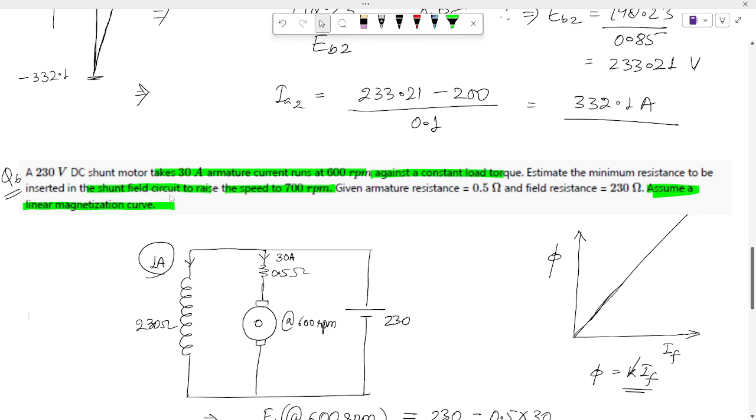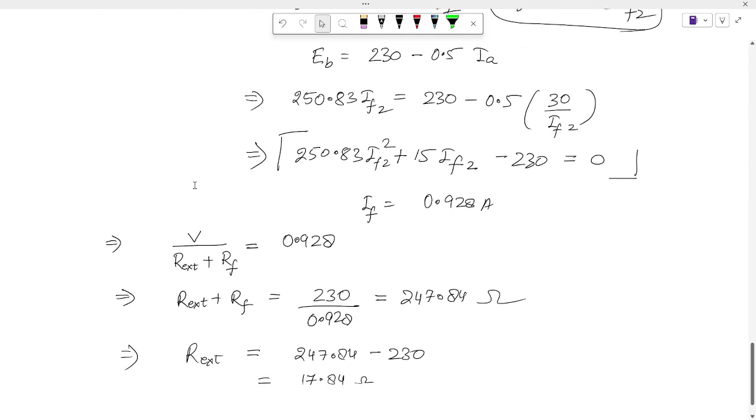What value of IF are we getting? 0.928. 250.83 into 15, 230, something. Sir, it's minus 230 into IF, sir. Oh, that is the point.